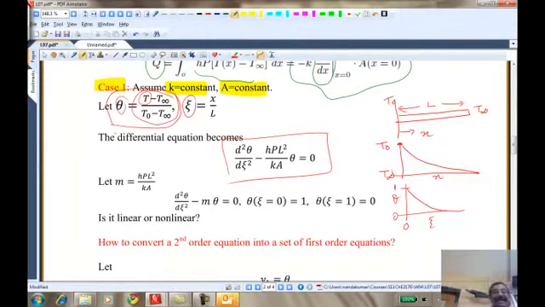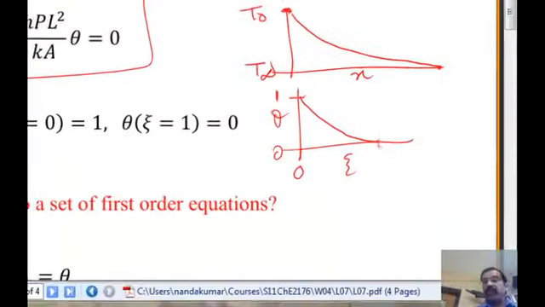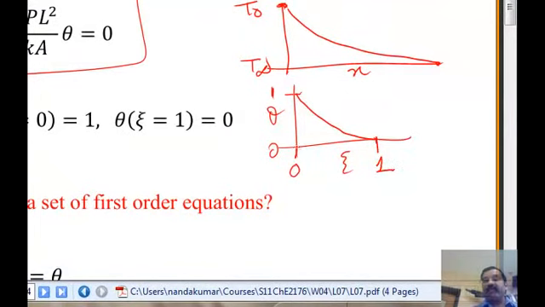In the independent variable, psi equals x over L makes it change between 0 and 1. When x equals 0, psi will be 0. When x equals L, at the tip, what does psi become? 1. So you get a nice graph between 0 and 1 in the x-axis and 0 and 1 in the y-axis.